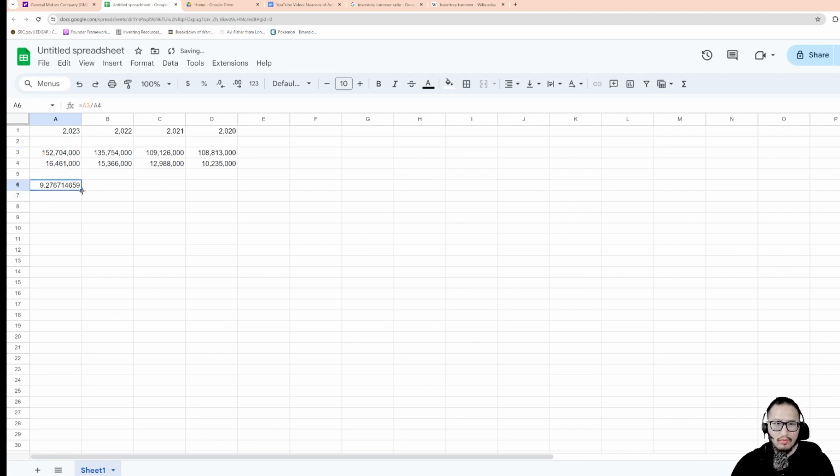So it's about, roughly speaking, between 8 to 10, which is relatively healthy. It means that within 1 year, if you take 1 year and divide it by 8 or by 10, it turns over its inventory every maybe 1 to 2 months, which is decent.